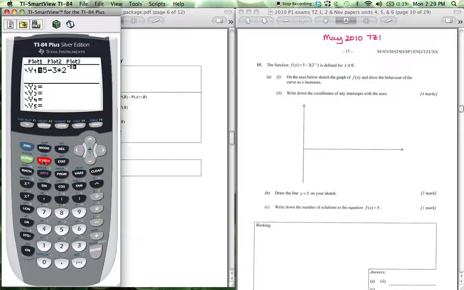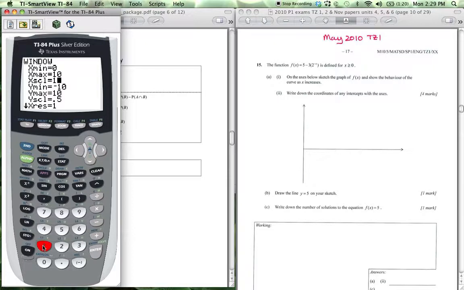Let's go to the window and put my window in. Now I know my x is always greater than or equal to 0, so I can start from 0. My maximum value, well, let's go to 10. Let's have the scale as 1.